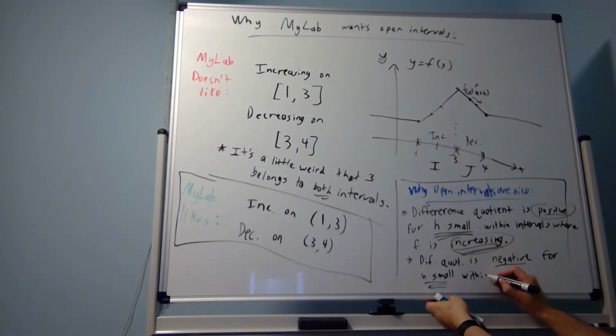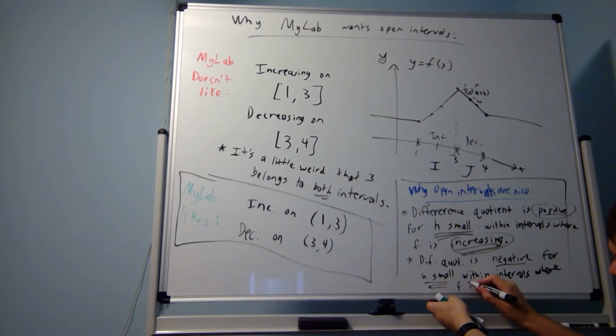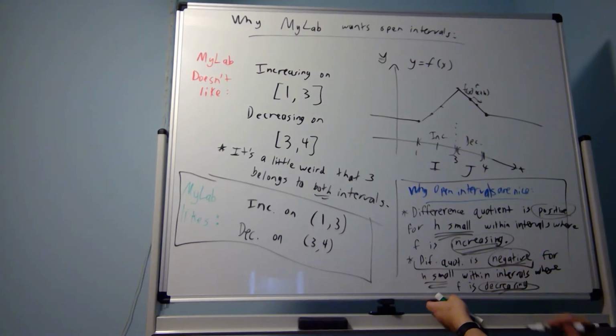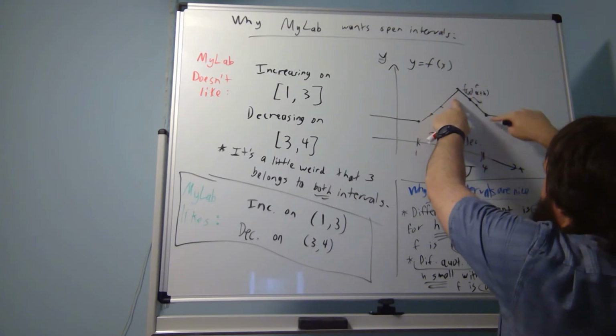So within intervals where f is decreasing, if h is too big, then you might accidentally jump into a different interval.